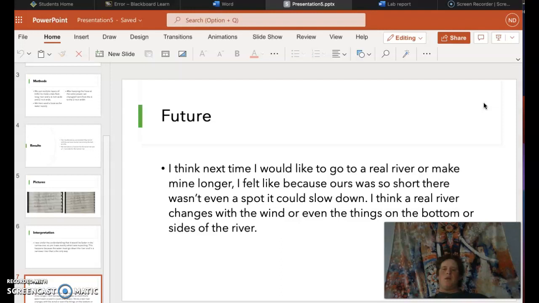And I think a real river would probably be better just because there are more things in place that could slow it down, like things at the bottom or the side of the river, or even seaweed or rocks.